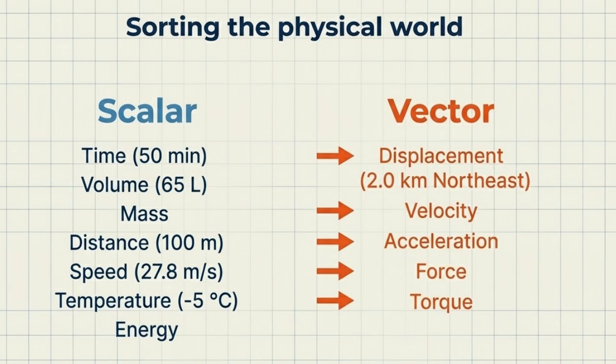Vectors, on the other hand, include both magnitude and direction. Displacement is a vector because it tells us not only how far something has moved, but also the direction, such as 2 kilometers northeast. Other examples of vectors include velocity, acceleration, force, and torque. These all describe something's size and the direction it's going or acting. Understanding this difference helps us better describe and analyze physical phenomena.